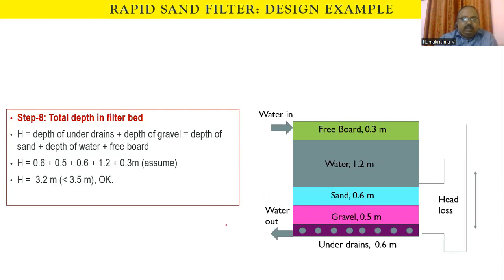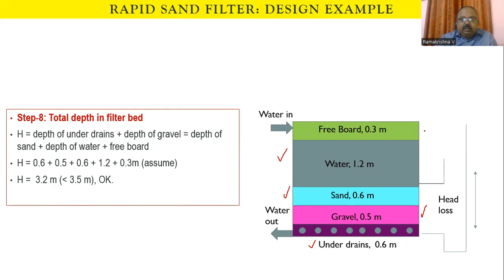So water depth we have assumed as 1.2 meters. Sand depth you have calculated as 0.6 meters, gravel 0.5 meters, and under drains 0.6 meters. Water is coming out at one side, and we will assume some freeboard here at 0.3 meters.